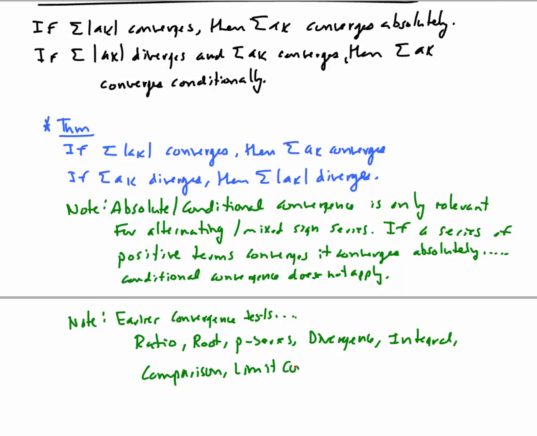All of these tests are what I can use to check the series that I'm talking about up here of all positive terms. And all of those can be used when I'm checking for the absolute value of an alternating series, when I'm talking about whether we have absolute or conditional convergence. So basically these are used to check for absolute convergence as well. So something to keep in mind: these tests keep showing up over and over again.